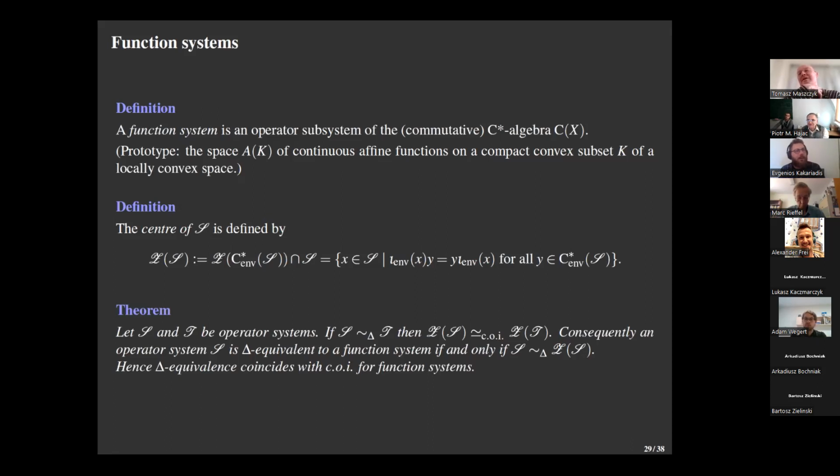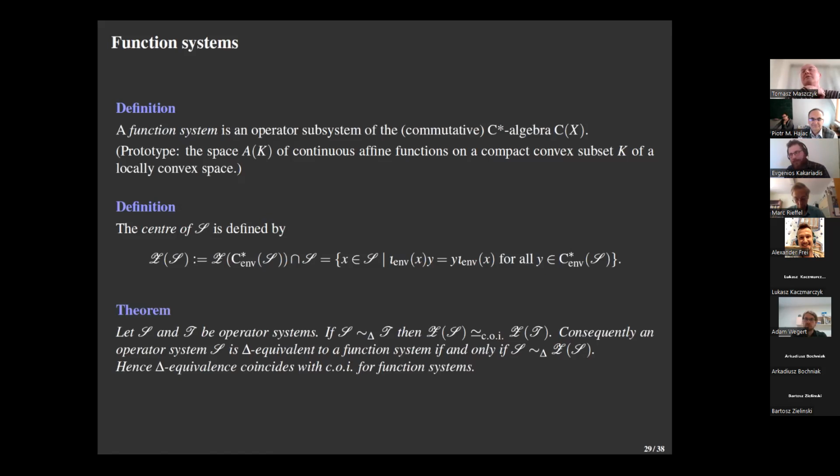Okay, any other questions? Yes, I have a third question. The third question is also about the relation between C*-algebras and operator systems. Having an operator system, we have a category of representations of it.